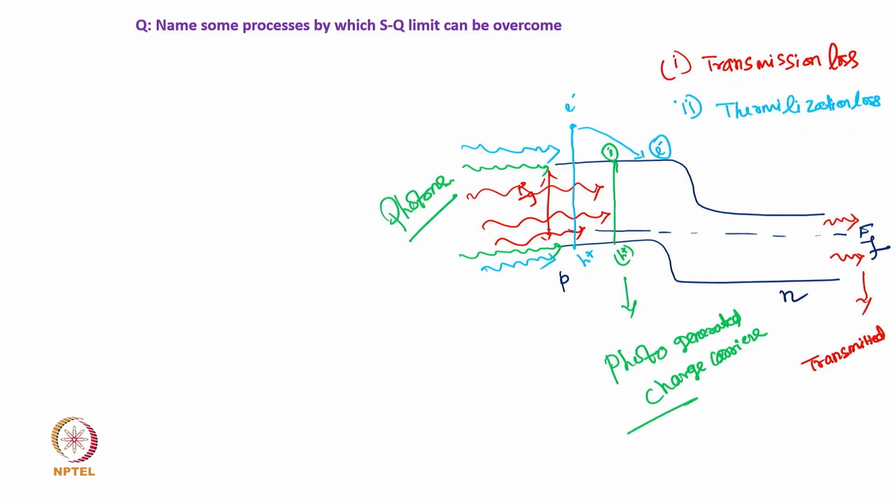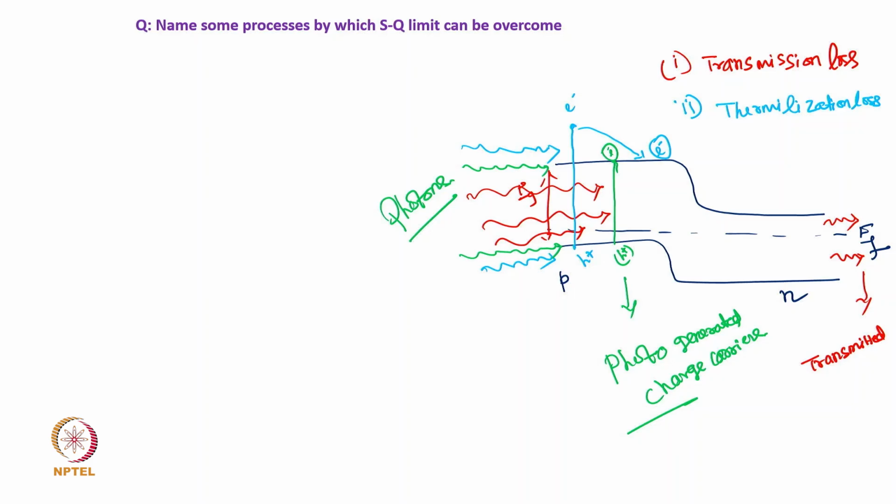Now, considering these losses like transmission loss and thermalization loss, and there are some other losses, losses due to interface, losses due to recombination.